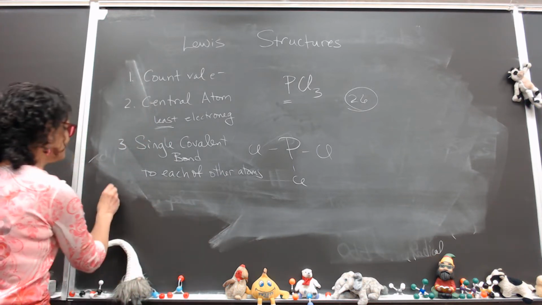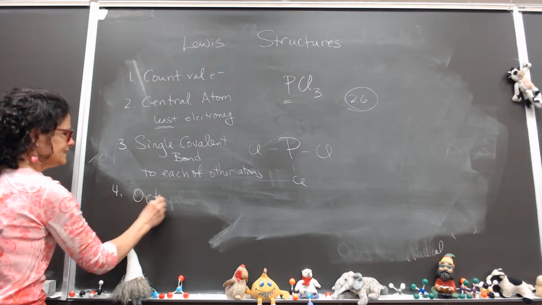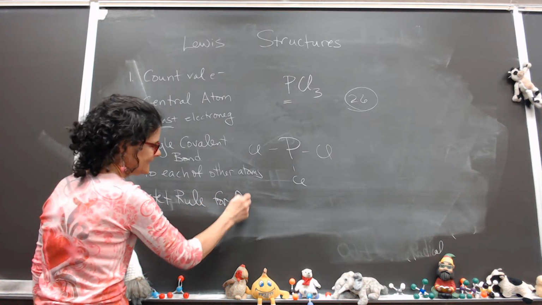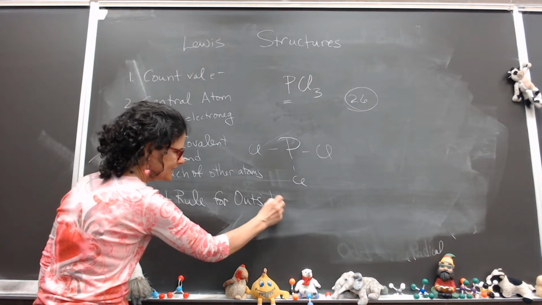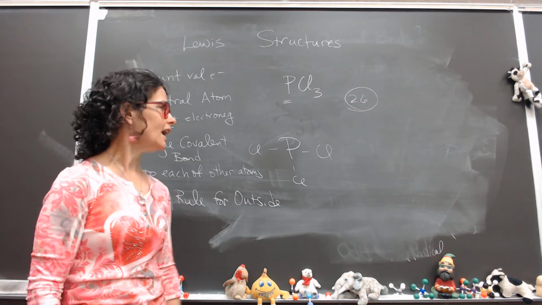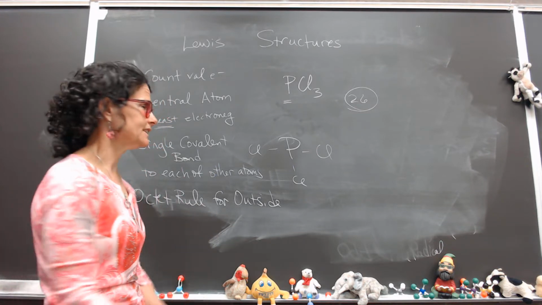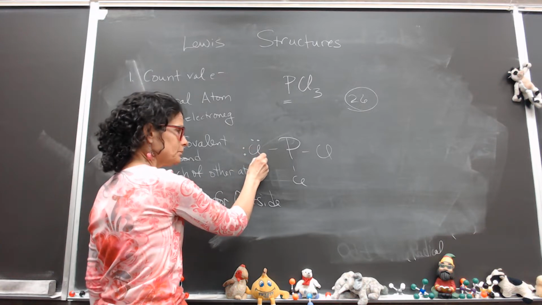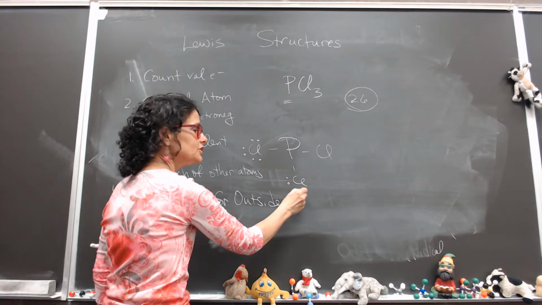All right, the next step is the octet rule for the outside. Now, this is key. There are all these different tricks to doing this. I've done this for a while, and you have to do the outside first. They were the greedy ones. They do the octet. They do not break the octet rule. And we're going to show it with dots.